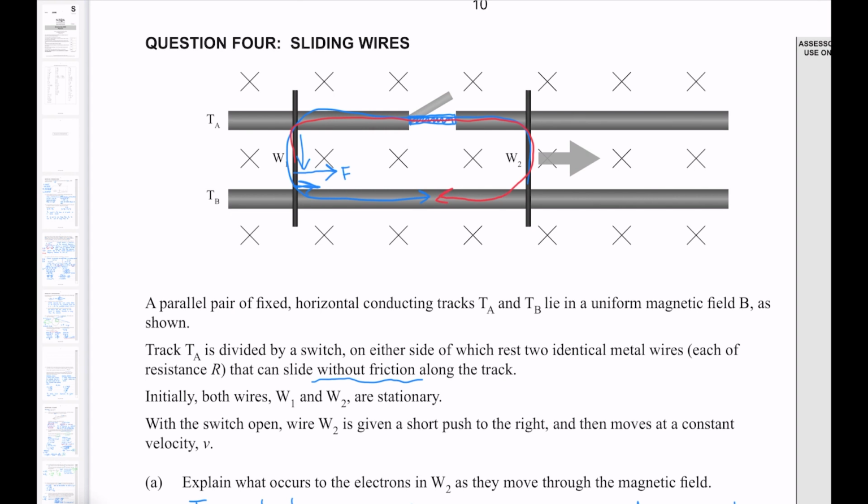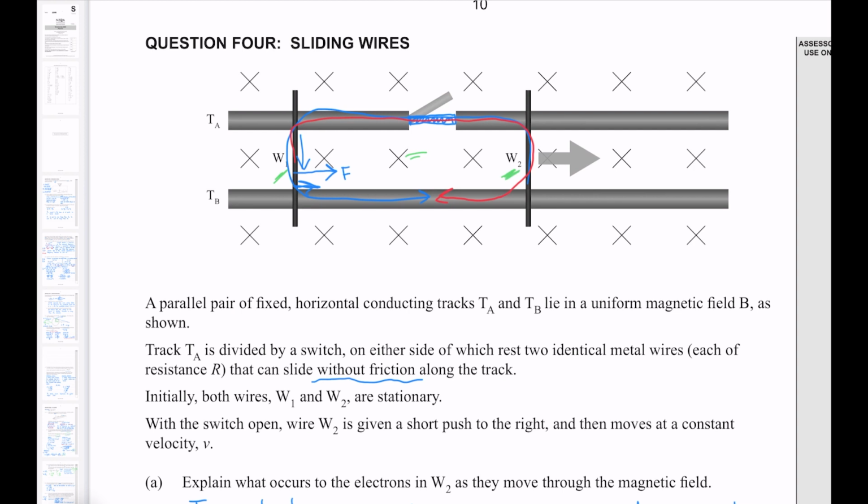We have our W2, which is inducing a current, and in doing so, it's going to lose energy and slow down, while at the same time, our W1 is going to be accelerating and speeding up. The reason it is speeding up is because there's a current flowing through it. However, as it speeds up and its opposing current increases, it will reach a point where its opposing current equals that of our W2 current.